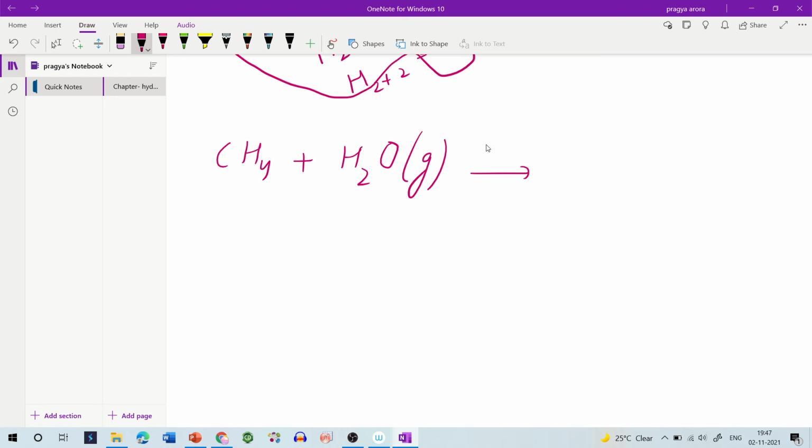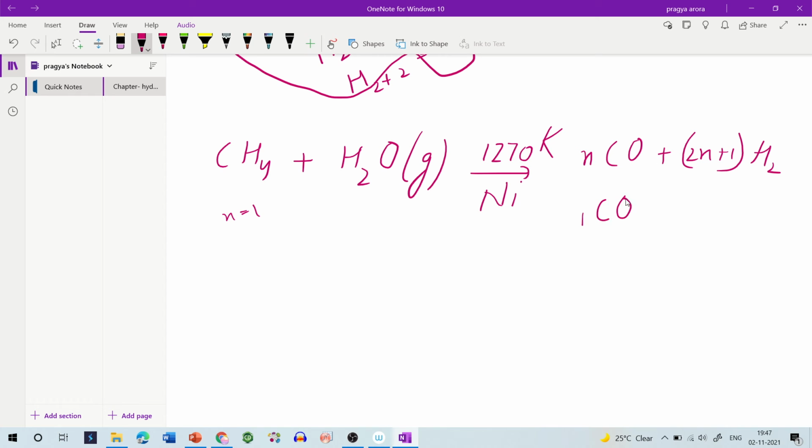For the reaction of methane, it requires 1270 Kelvin in the presence of nickel. As we saw, n moles of CO form and 2n plus 1 moles of H2 gas are released. For methane, n is 1, so 1 mole of CO will be released along with 2 into 1 plus 1, that is 3 moles of H2 gas.